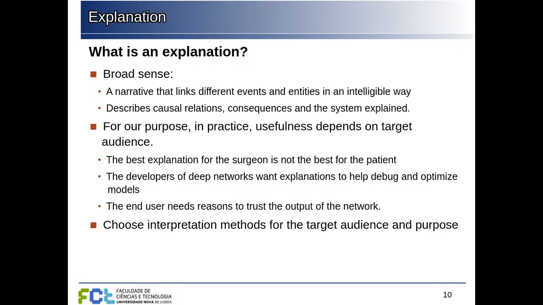But for the purpose of explainability in the context of this lecture, at least, and what we are focusing on for deep neural networks, we are going to take a more practical approach.